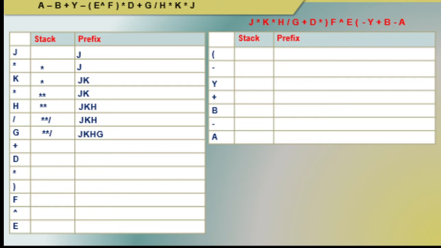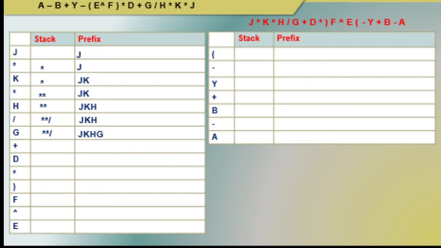Since addition operator has lower priority than the new top of the stack, which is multiplication operator, again, based on our rule, we must pop out from the stack our new top of the stack and write it also in our output.